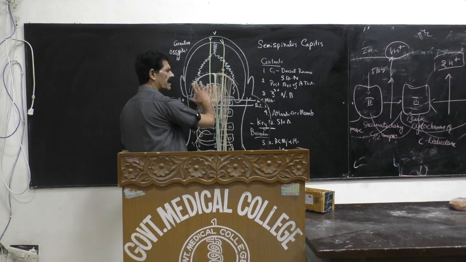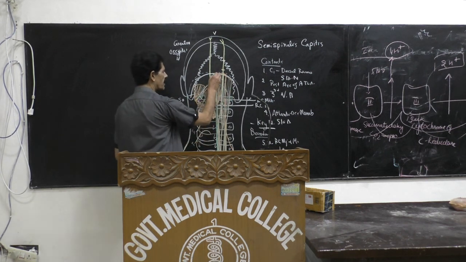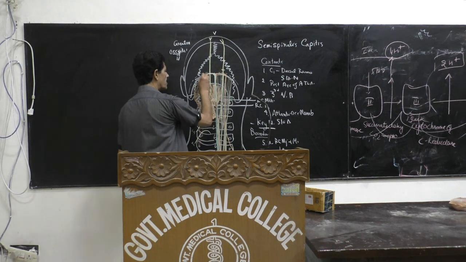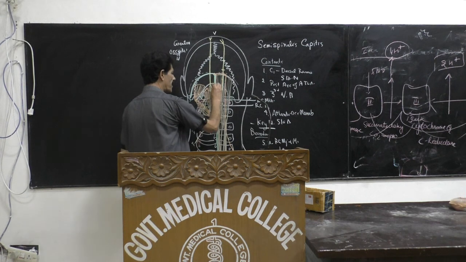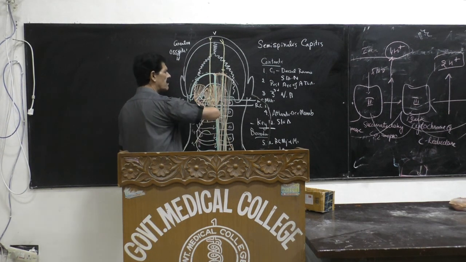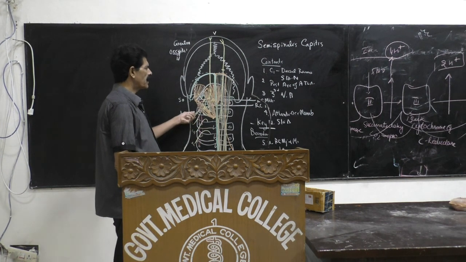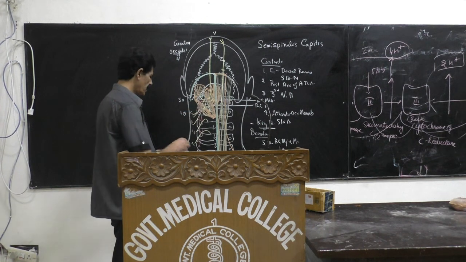And on this muscle lies the deep investing layer of the deep fascia, which is attached to the external occipital protuberance and the superior nuchal line. Plus, it is also attached to the ligamentum nuchae and spines of all the cervical vertebrae. So this covers the suboccipital triangle and all its muscles, the trapezius.